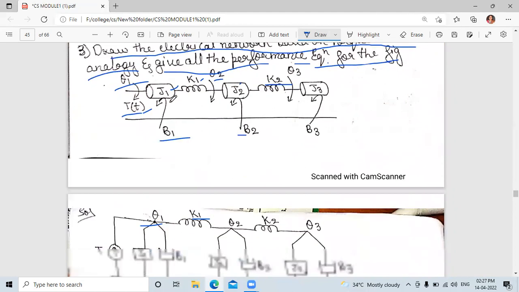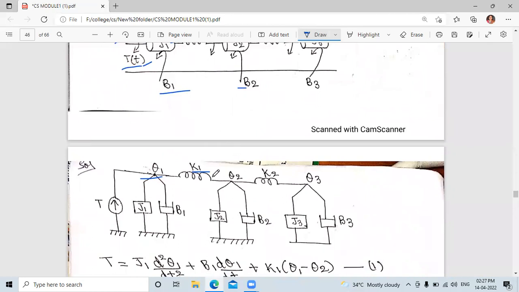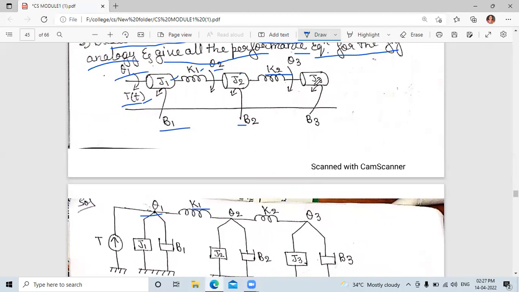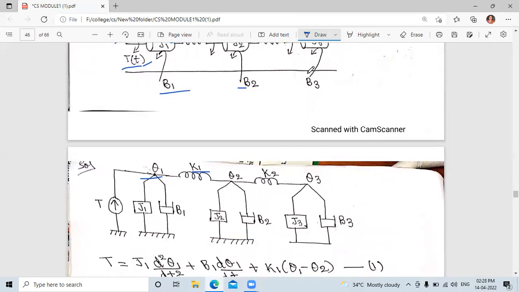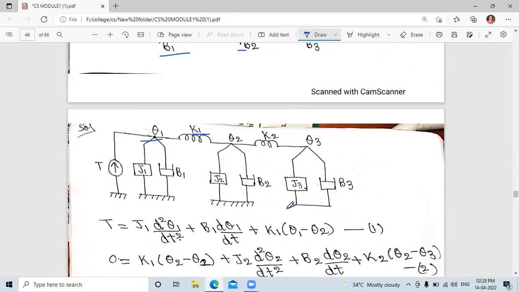So for theta 2, there are 1, 2, 3, 4 connections. Finally, for theta 3, K2 is connected, and J3, and finally B3. You can mark here like this, reference or ground.